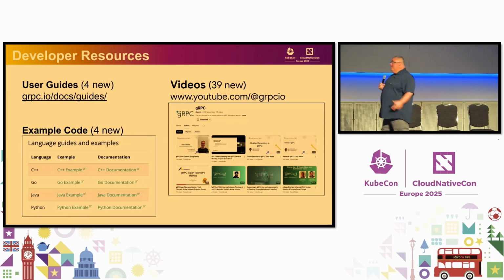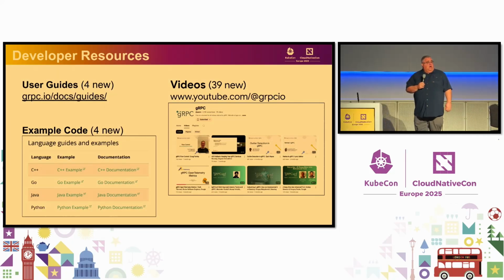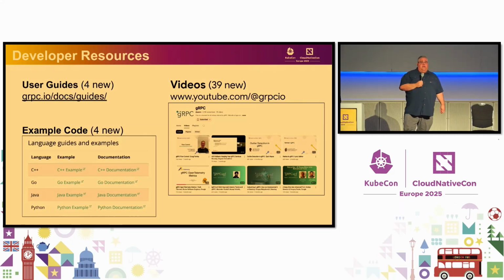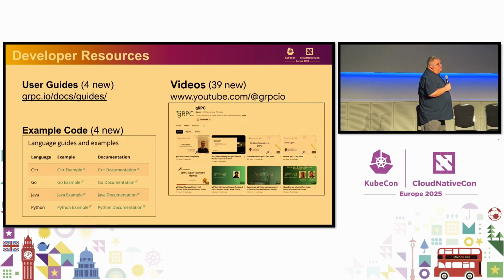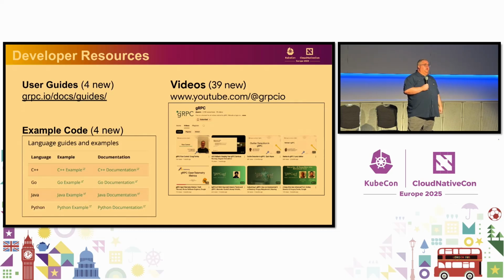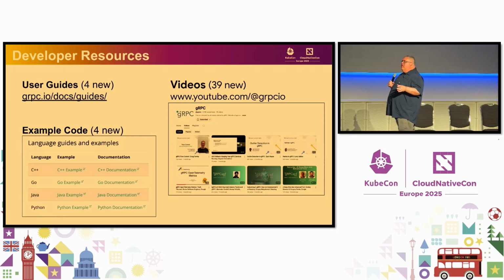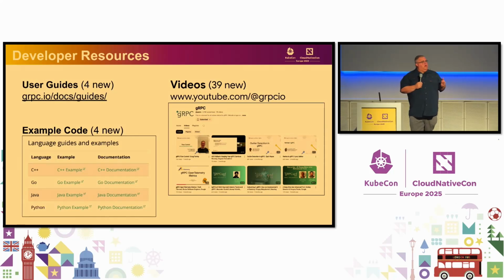Just this year, we added 4 new documentation sections, 39 new videos, and a bunch of new code examples. And the year before, it was a ton more. So we've really been doubling down in that area and made a shift toward trying to make short, consumable YouTube videos for a lot of the features that we add to give you an overview, get you started, and see that content.